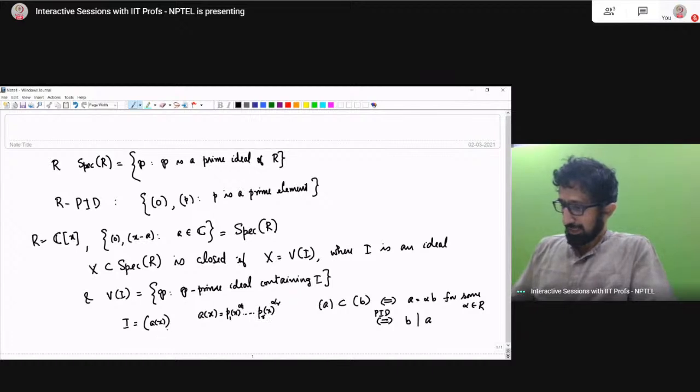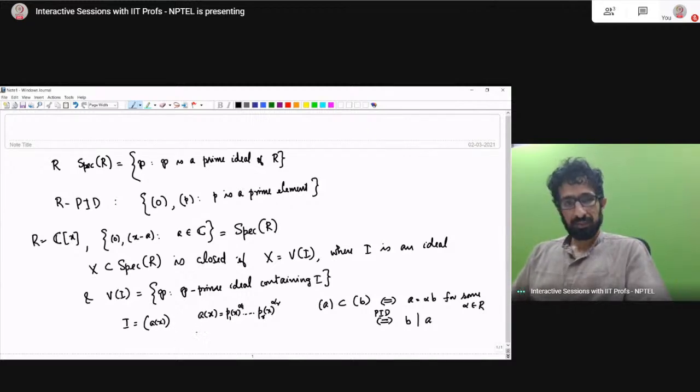So what we are seeing now is that any closed set in Spec C[x] is of the form: if I take any ideal I, V of I will be of the form P1(x), ..., Pr(x).